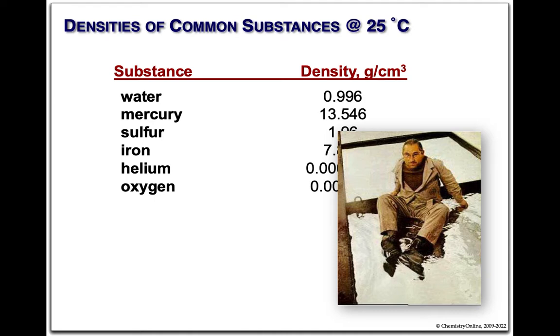Now, this image has a story. It's a sad story, okay? In the early 60s, maybe late 60s somewhere, National Geographic did a story on mercury. And they went to Europe where they have giant mercury factories, and one of the workers just volunteered to sit on the puddle of mercury. And he floated. They published this picture, okay?